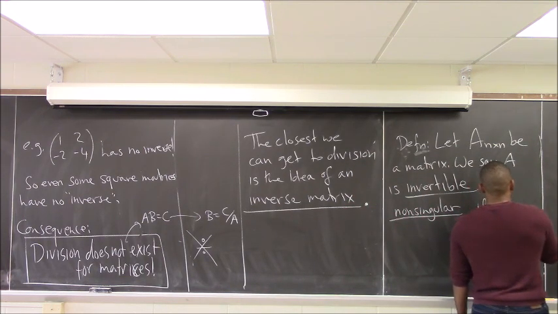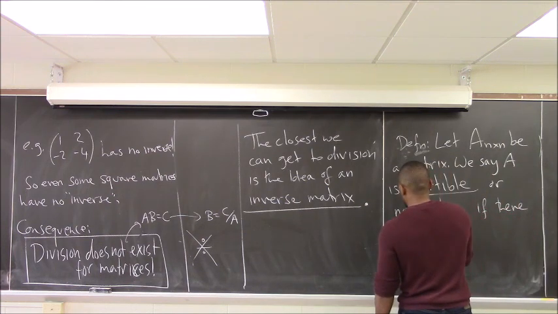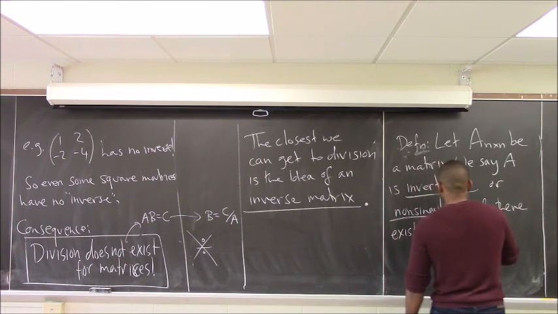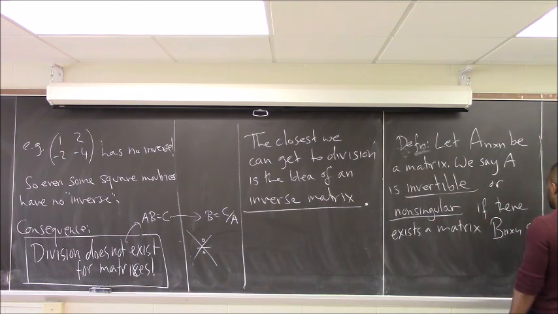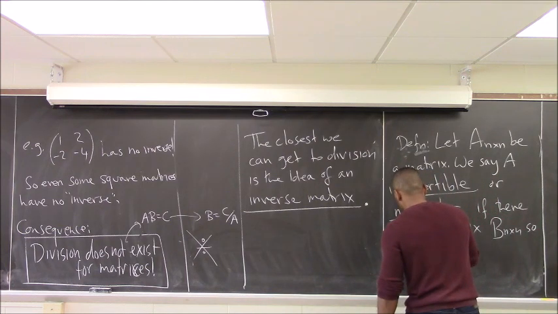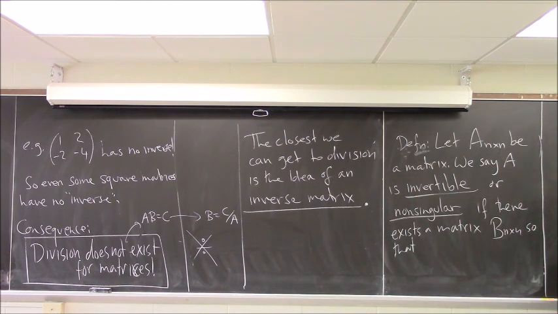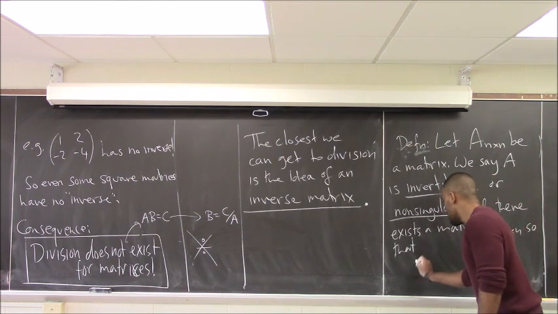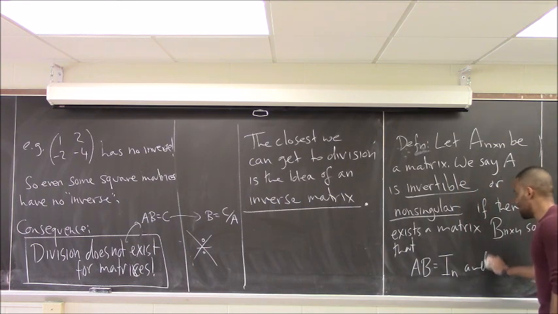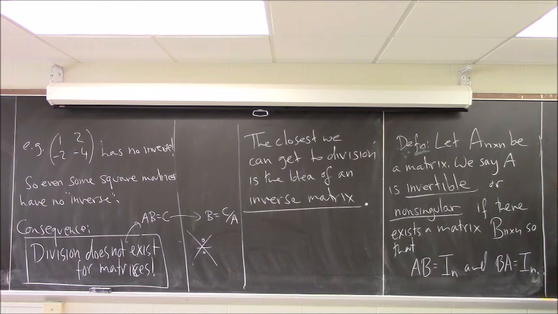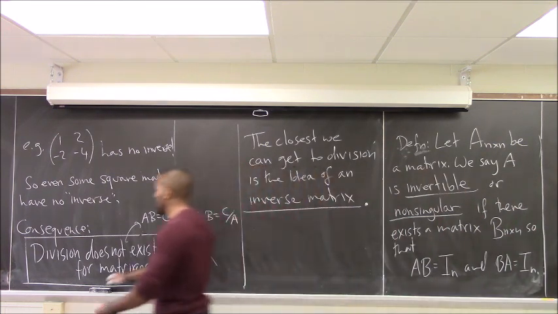If there exists a matrix B, n by n, so that the nice thing that works out with numbers actually works out with the matrices. If I take A times B, I would get the identity, and if I take B times A, I will get the identity. If such a matrix exists for the matrix A, I call A invertible, and that's just another way of saying it has an inverse. An inverse exists.